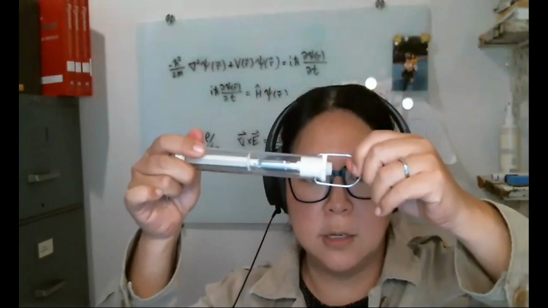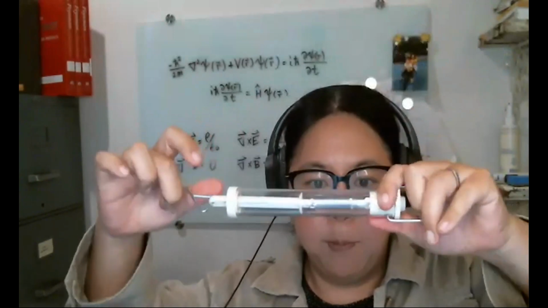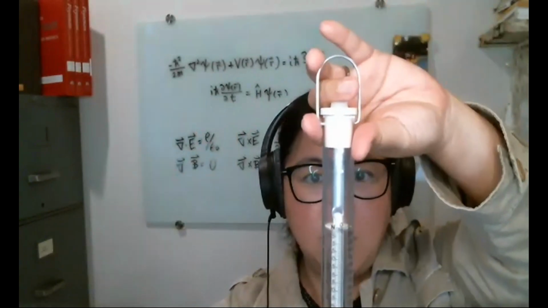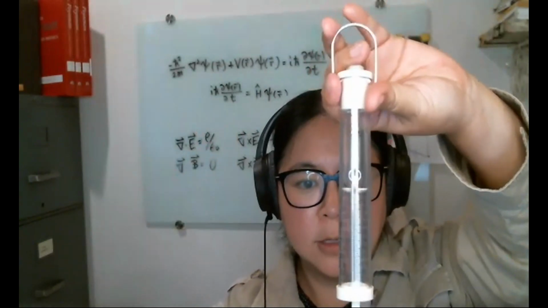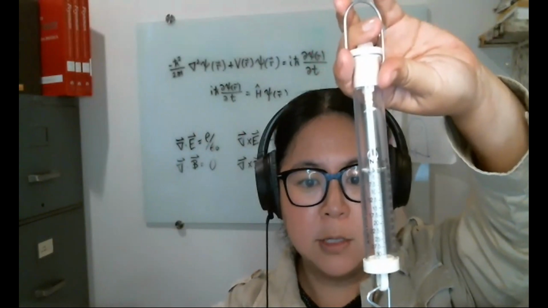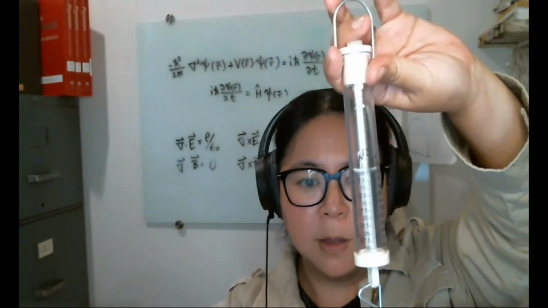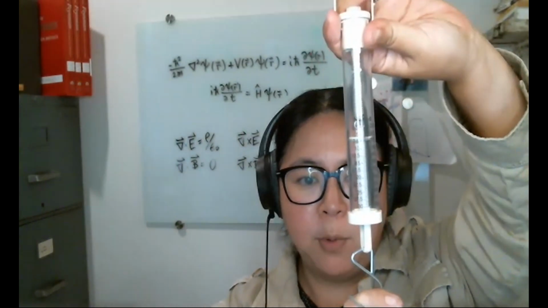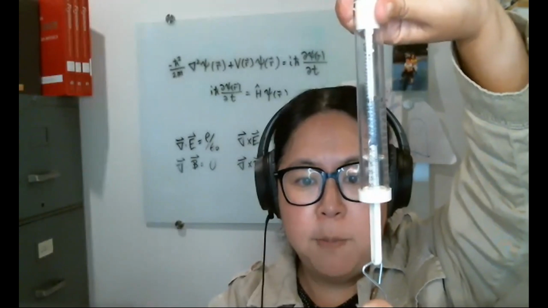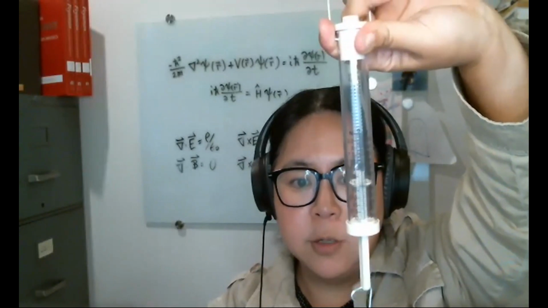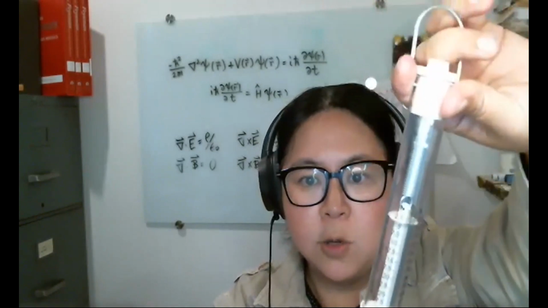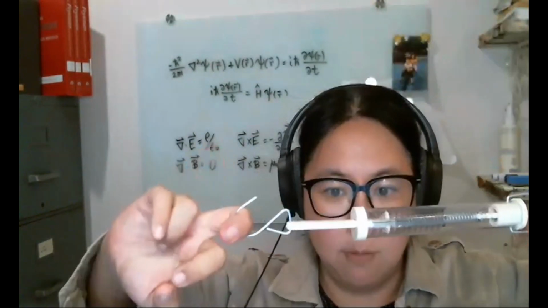If I pull it, it can measure how many Newtons. So let's say I pull this much. It's about 2.5 Newton, 5 Newton, 7.5 Newton. So the stronger I pull, the bigger it measures, right? Using this kind of device, you can see how much you pull.